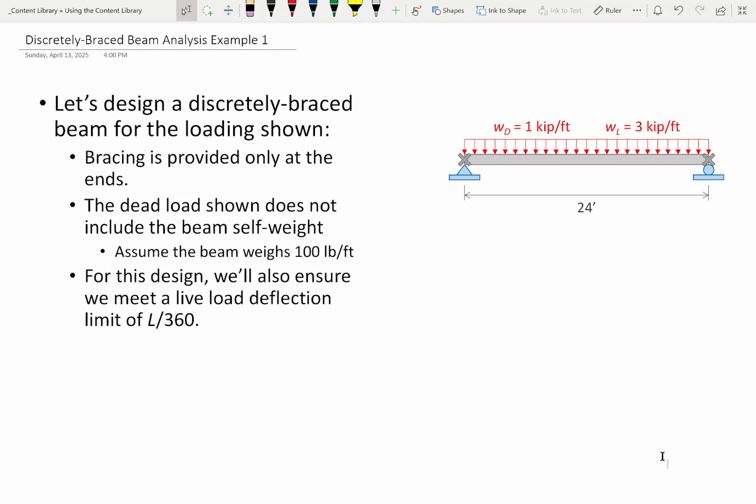Now the dead load I've given does not include the beam self-weight, so we're going to assume a somewhat heavy beam. We're going to assume 100 pounds per foot. I tend to do that when you have somewhat longer LBs. If the LB gets above like 20 feet, you'll probably see me want to assume like 100 pounds per foot. If it's under, I might go with 50.